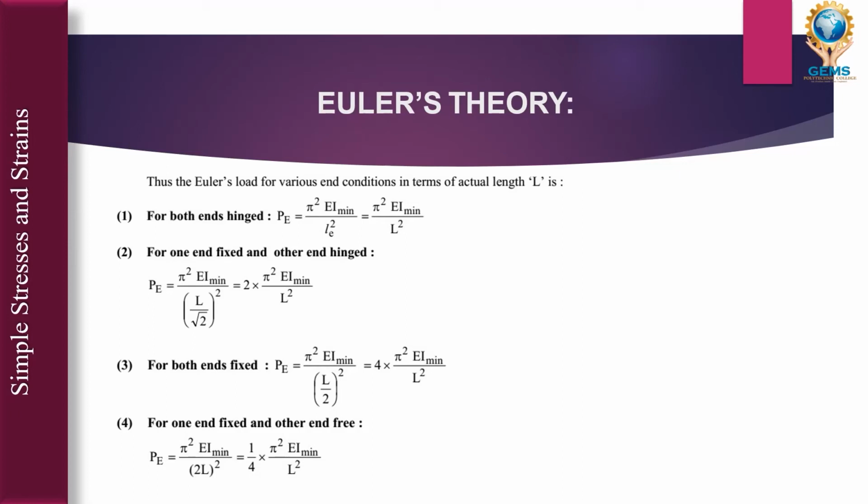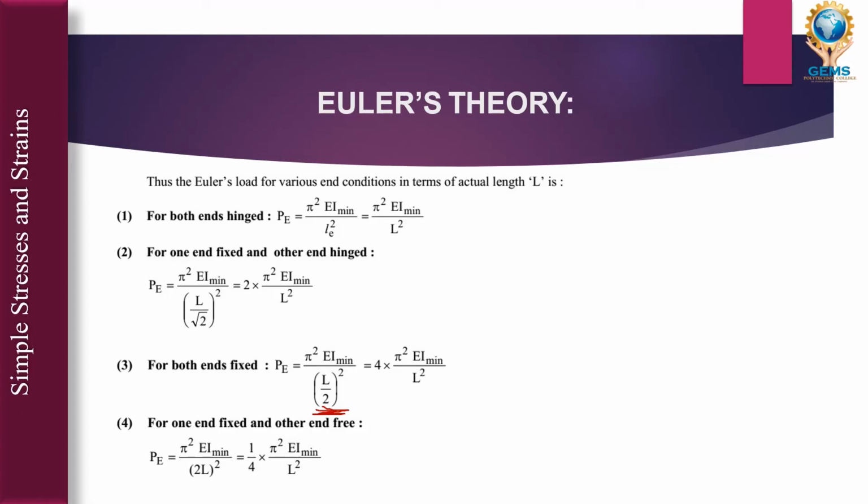If both ends are fixed, then the effective length will become L by 2. This is L by 2. That's why I told you, if you remember those formulas, then no need to remember this formula. You can just remember the main formula of Euler's for buckling load and the end condition of each and every support.